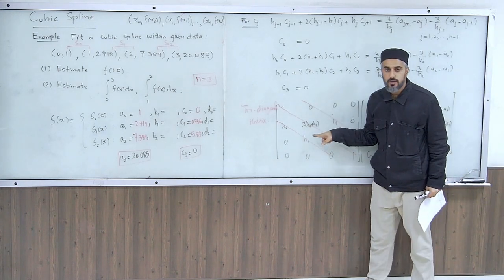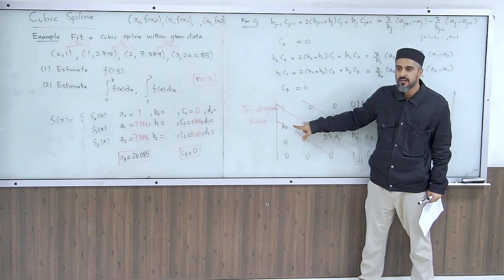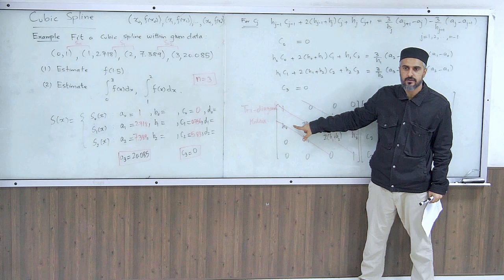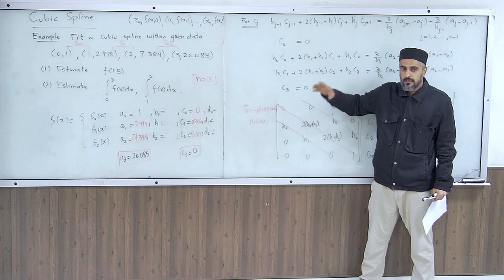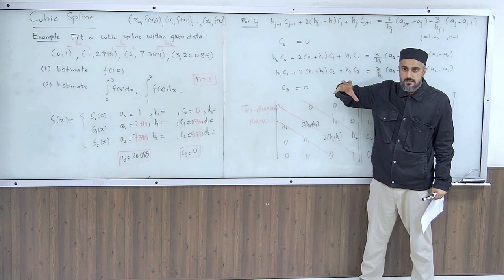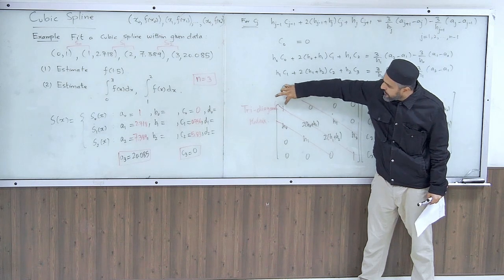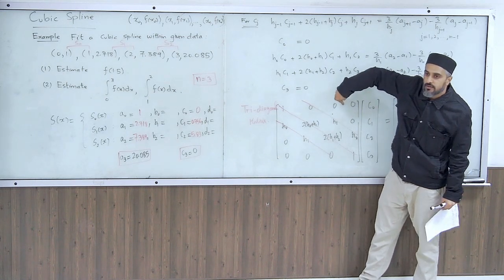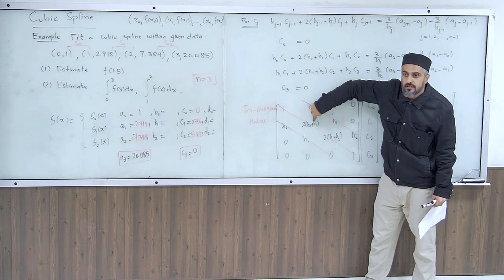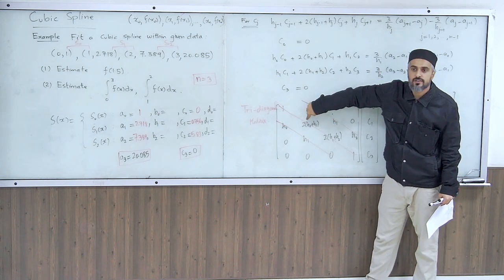A very good property of this tri-diagonal system is this. Is it a diagonally dominant matrix? What is a diagonally dominant matrix? The diagonal value is, in absolute terms, greater than the sum of the other entries. Here you see the sum is H0 plus H1, and the diagonal entry is twice of (H0 plus H1).